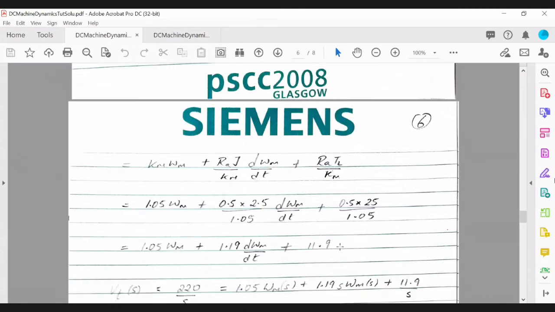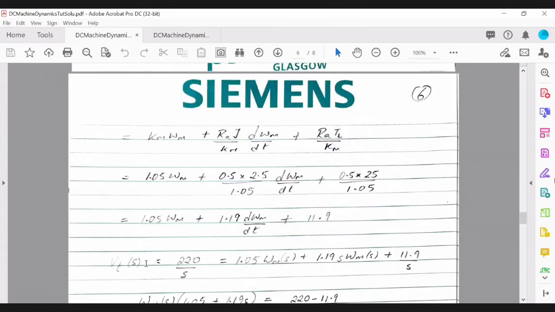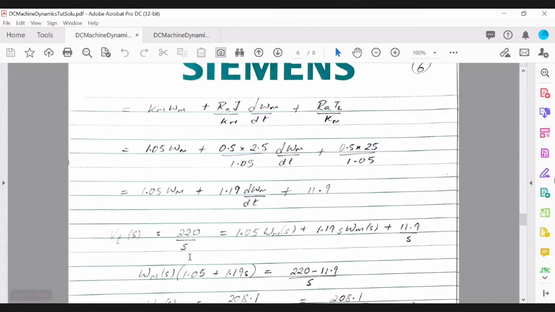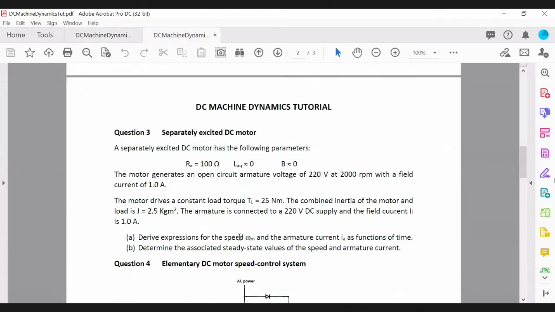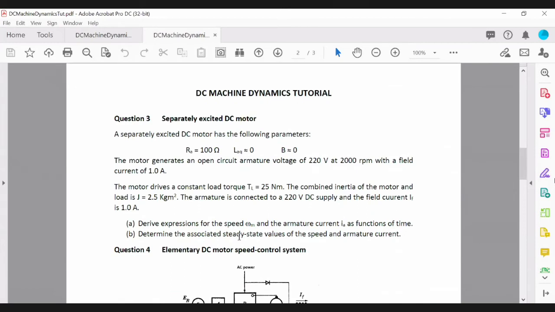And simplifying, you have basically these three terms that I've written in time domain format. And here, basically, I've applied the Laplace transform for this particular situation where you basically have a voltage that's applied at 220 volt there.